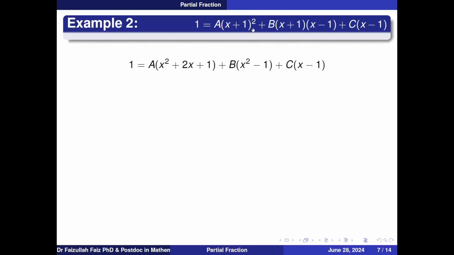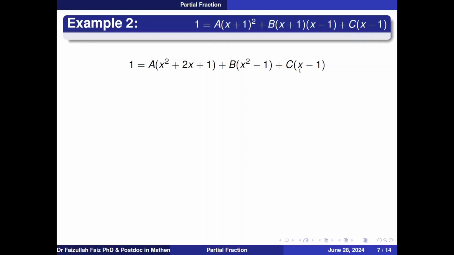x plus 1 whole square is equal to x square plus 2x plus 1 by using the formula a plus b whole square, which is equal to a square plus 2ab plus b square. In the second term, x plus 1 into x minus 1 becomes x square minus 1 by using the formula a plus b into a minus b is equal to a square minus b square.